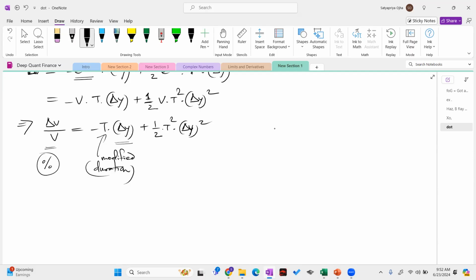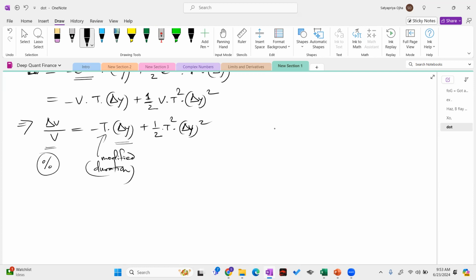Duration is the average waiting time to get all the cash flows. Let's say we have a coupon bond. For a coupon bond, you get coupons at periodic intervals, and then at final maturity you get the principal. So you're getting different cash flows at different times. One natural question to ask would be, what is the average time to receive all the cash flows?